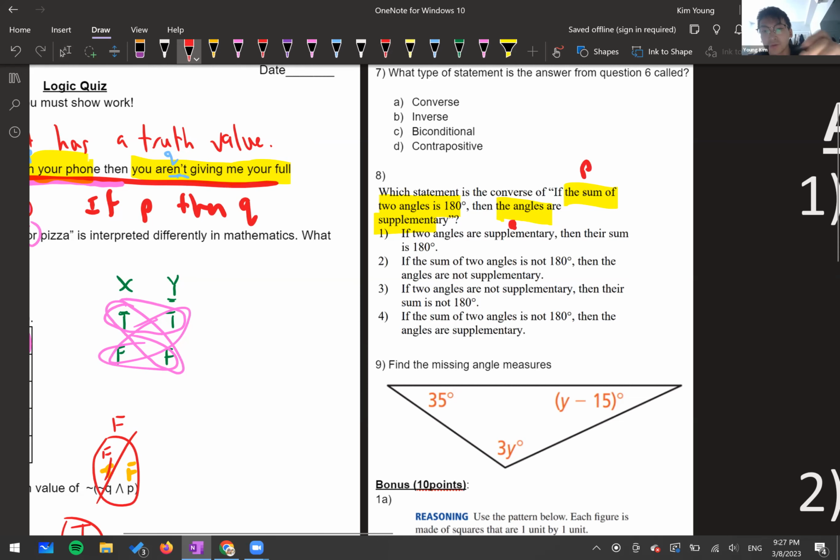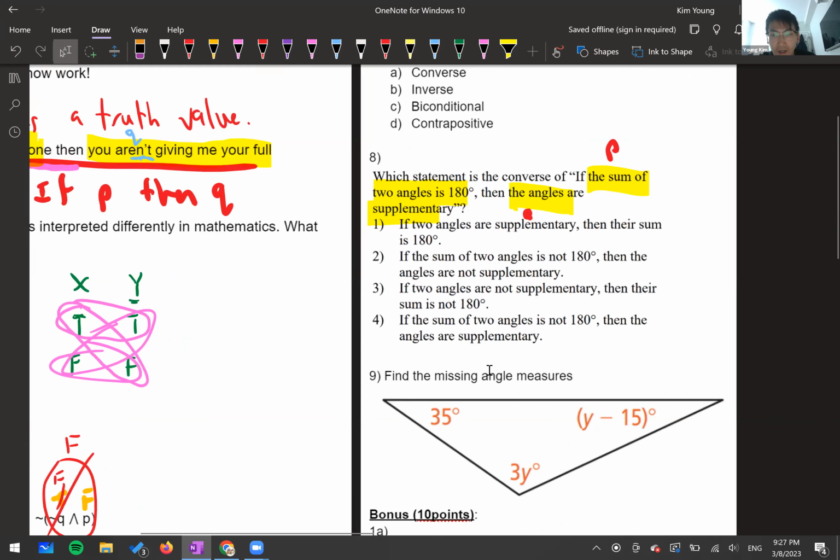So the converse is when you put the Q as the hypothesis. It's going to be if the angles are supplementary, then the sum of the 2 angles is 180. I don't remember what choice that was. Someone help me find that. I'm by myself, so it's got to be me. So if the angles are supplementary, it looks like it's number 1.